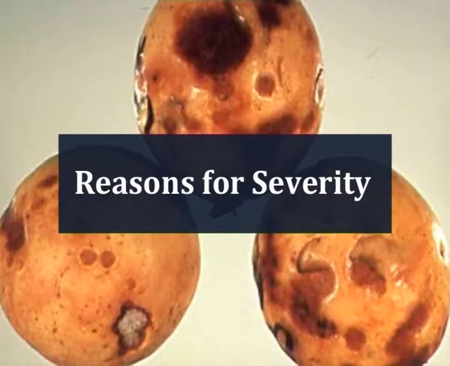Transportation of fruits from high disease pressure areas without any treatment. Next are the reasons for severity. Closer planting without canopy management, lack of timely harvesting, and availability of free water or rain encourage spore production and its dispersal around the canopy.